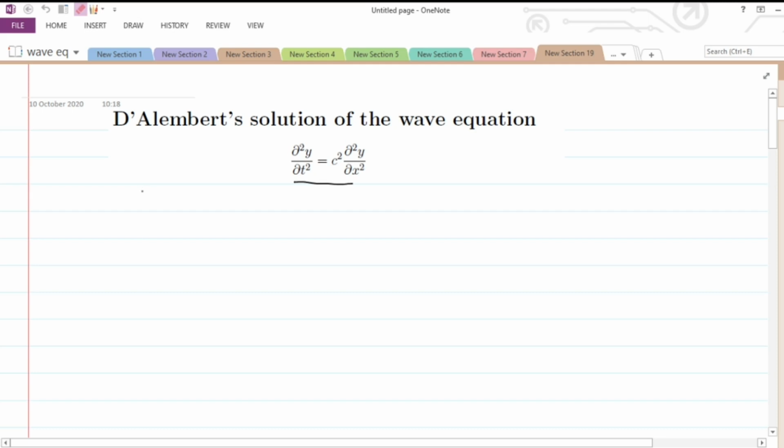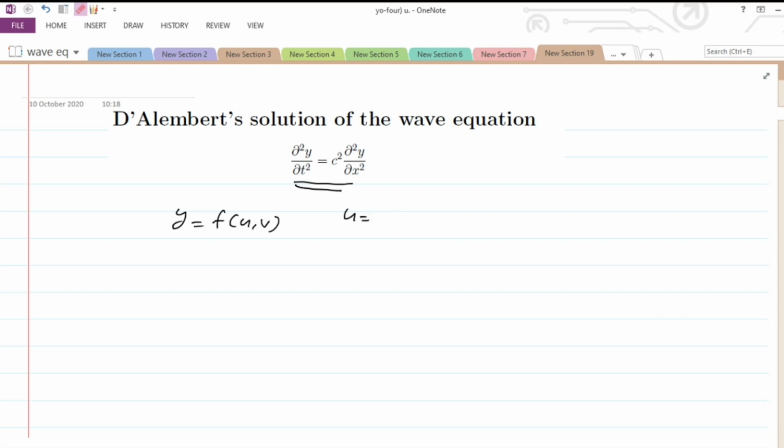So we have our one-dimensional wave equation, dou square y by dou t square is equal to c square into dou square y by dou x square. For solving this wave equation by using this method, we first of all take u and v, with y as a function of u and v, where u is some function of x and t.